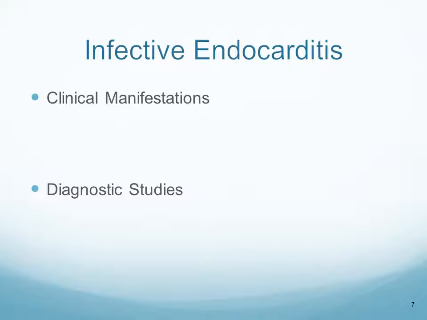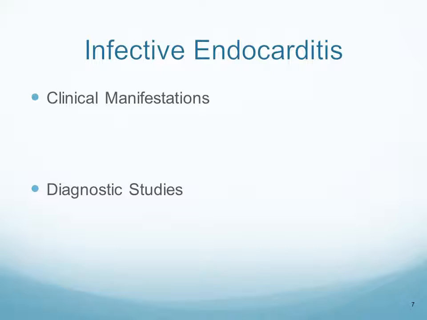So we said that if the vegetation is on the left side of the heart, it's going to blast off and it's going to blast into the body. So we might see it manifested as a stroke. We might see it as a DVT in an extremity, like an arm or a leg.